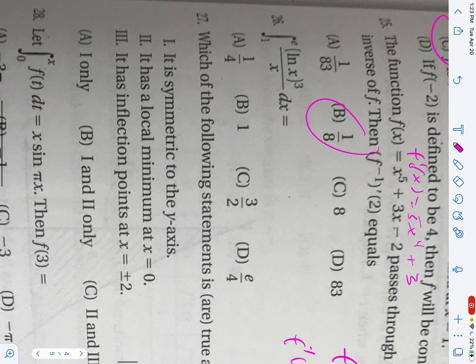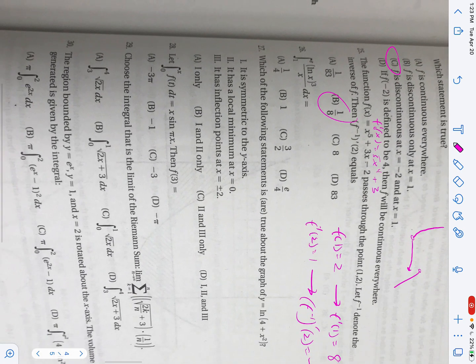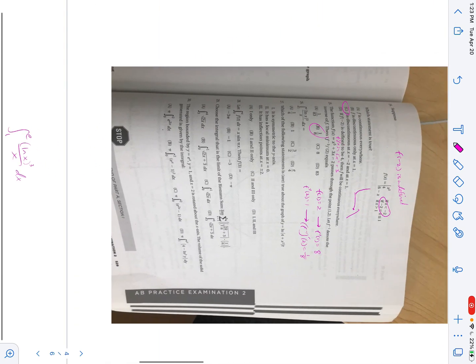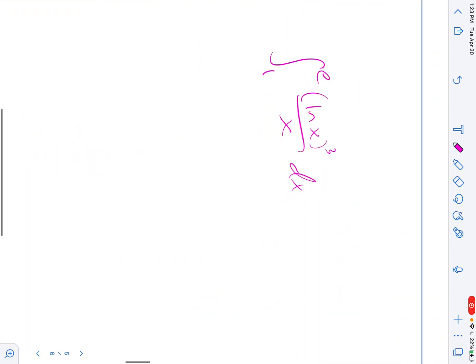Okay, 26 is kind of a tricky U substitution integral. I'll do this one formally. So it's the definite integral from 1 to e of the natural log of x cubed over x, if I'm copying this correctly. So what we might notice is natural log of x feels like the inside of a chain rule type thing.